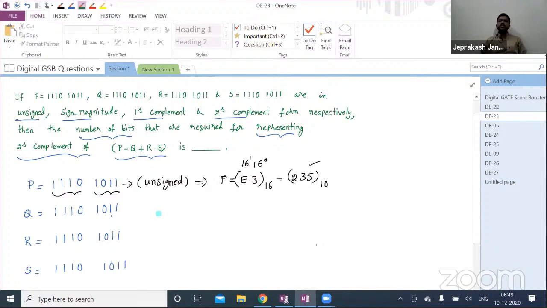Next, consider Q, which is in sign magnitude case. In the sign magnitude form, the starting bit is reserved for the sign bit and the remaining bits give the magnitude.